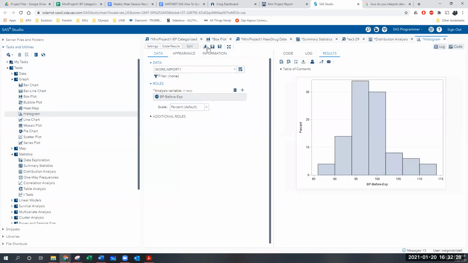There it is for BP before, and then swap it out and do BP after. Okay, I thought for some reason we might have to change the bin start and the bin list, but not the case. No, these all look pretty good when you run them. You can manipulate them as much as you'd like, but just the standard one looks fine. Okay, thank you very much. Yep.